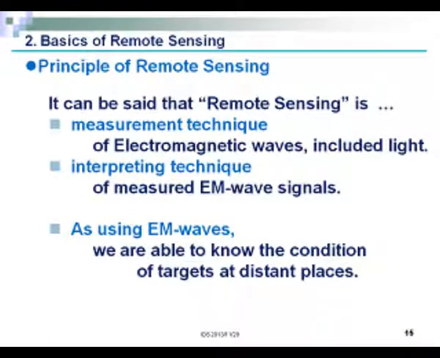Principle of remote sensing. Maybe this is just my opinion, but remote sensing is a measurement technique of electromagnetic waves, including light, sunlight, and secondly an interpreting technique of measured electromagnetic wave signals.